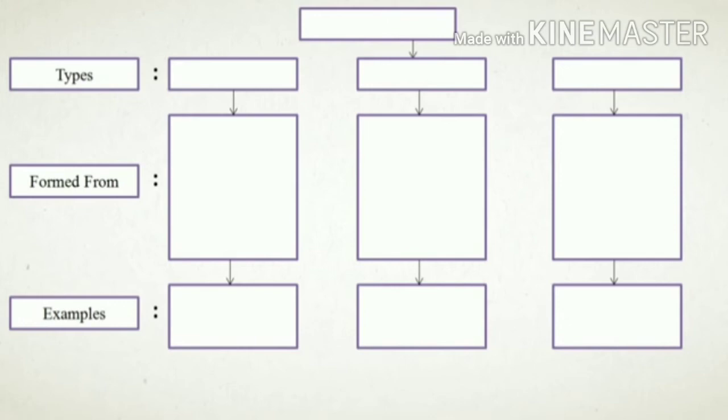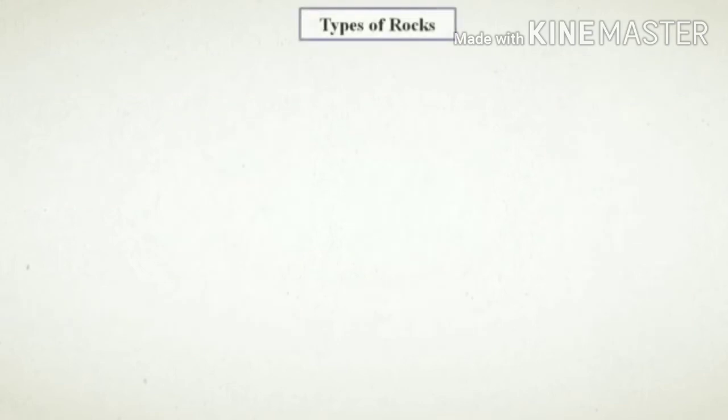It means what are the kinds of rocks. According to the paragraph there are 3 kinds of rocks, and again we will have to mention what types of rocks there are and what examples have been given in the paragraph.